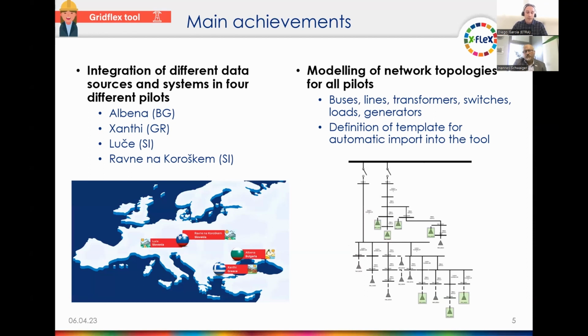And for all of them we have created a kind of template that makes it easier for the pilots to define these types of elements from their network, and also for us to import them into the GRIDFLEX tool.